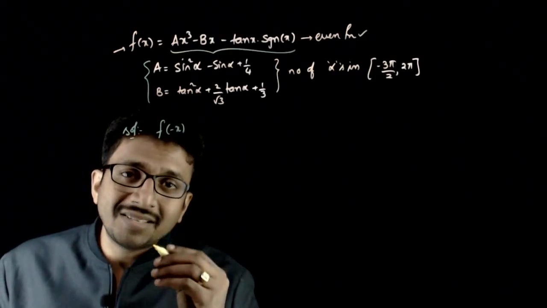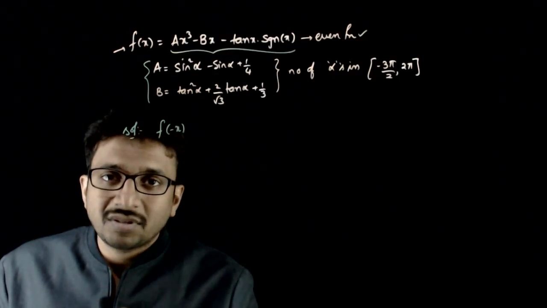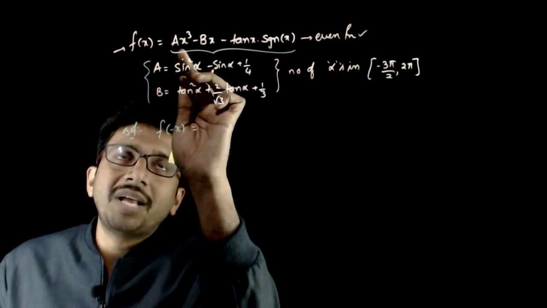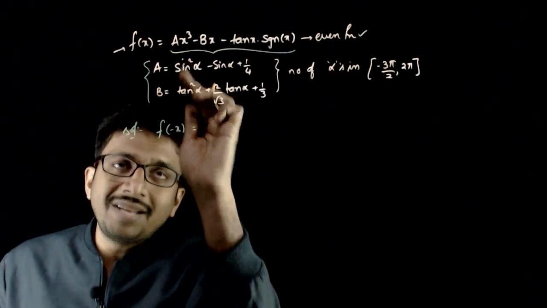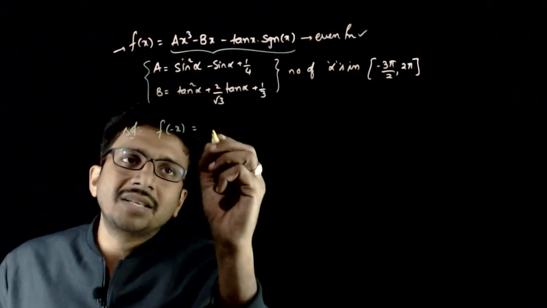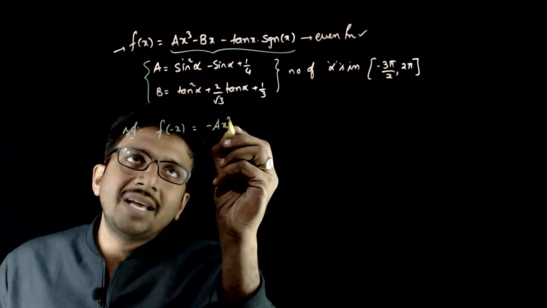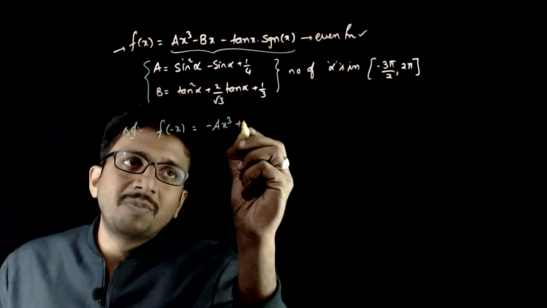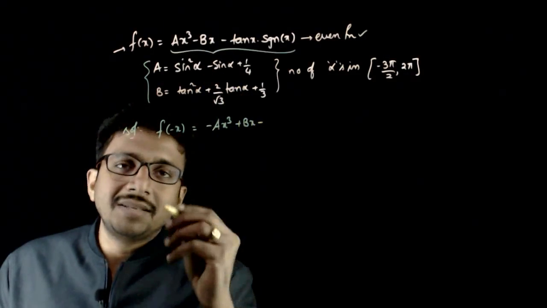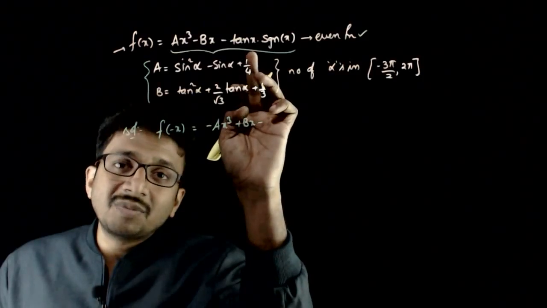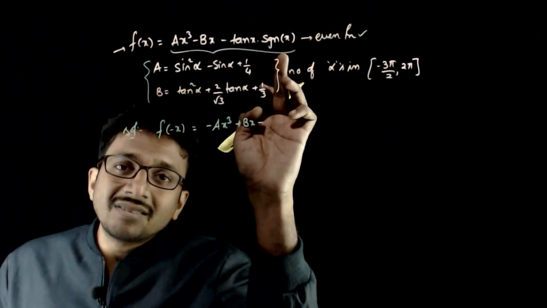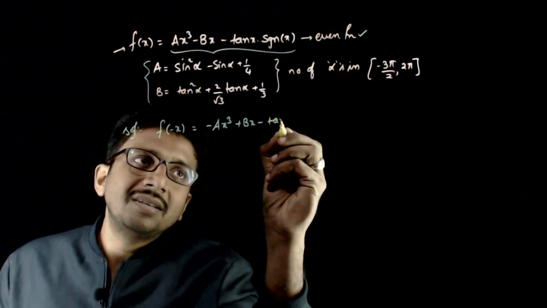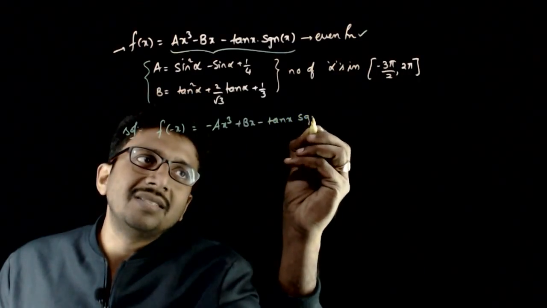If you put x equal to minus x, you get a into minus x whole cube, minus ax cube, minus b into minus x, that is plus bx, minus tan of minus x is minus tan x, signum of minus x is minus signum x.